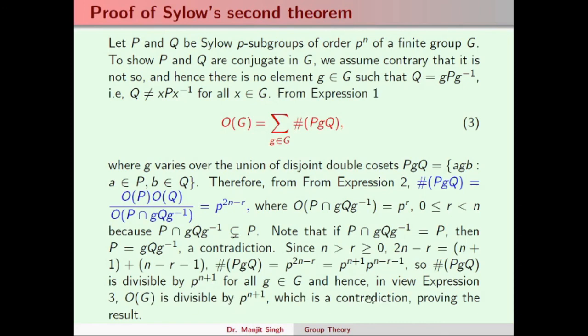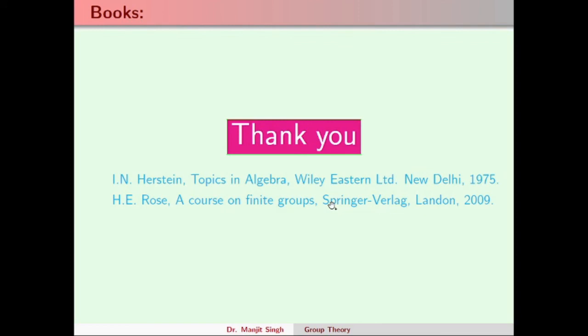And therefore our supposition was wrong, that there is no element g in G satisfying this condition. It means that there is an element in G that will satisfy this condition, and this proves Sylow's second theorem. These books may be helpful in this topic.